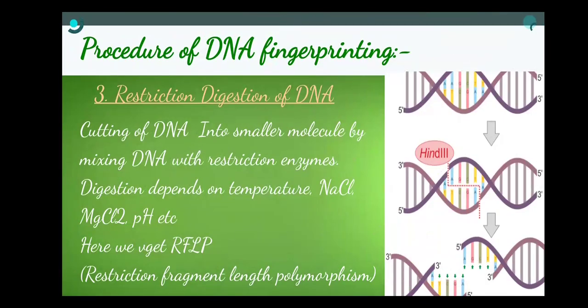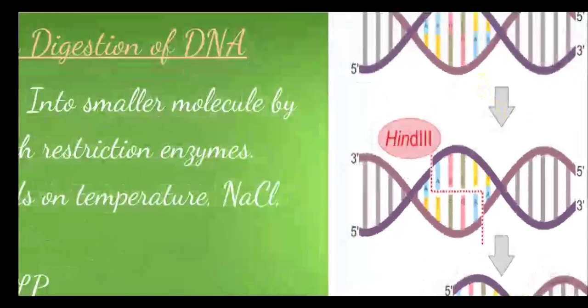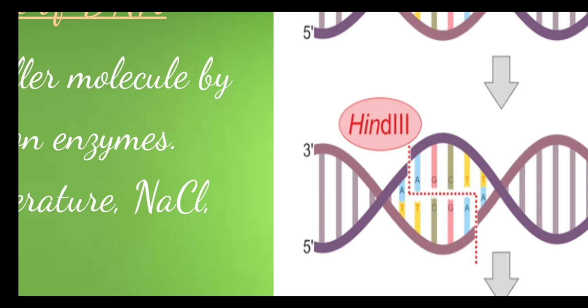After getting the DNA, we go for restriction digestion of DNA, meaning cutting of DNA into smaller molecules by mixing the DNA with restriction enzyme. There are restriction enzymes called endonucleases. Here in the picture we can see an example, HindIII. HindIII is an endonuclease enzyme which cuts the DNA, and here we can see it is very specific.